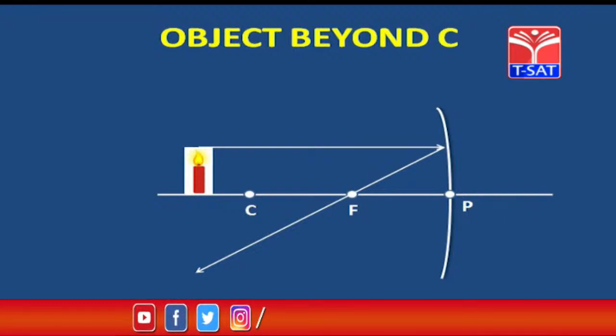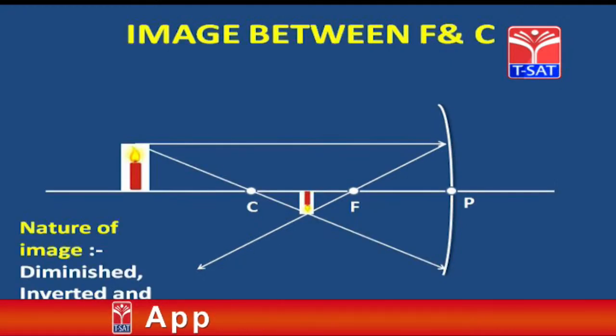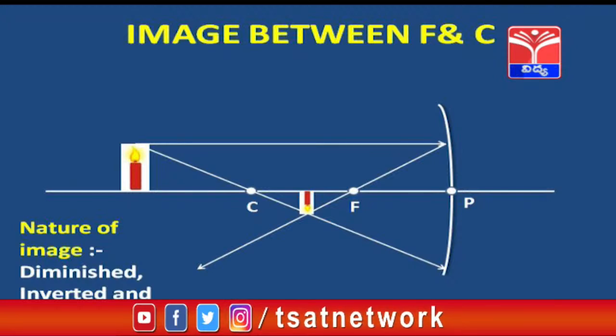A ray passing through the center of curvature will retrace its path. It will again be reflected in the same direction. So, where the rays are meeting, the image is formed at that place.